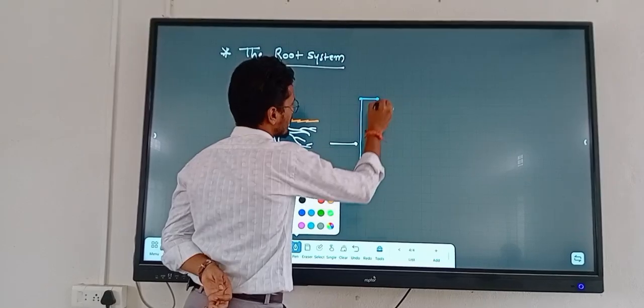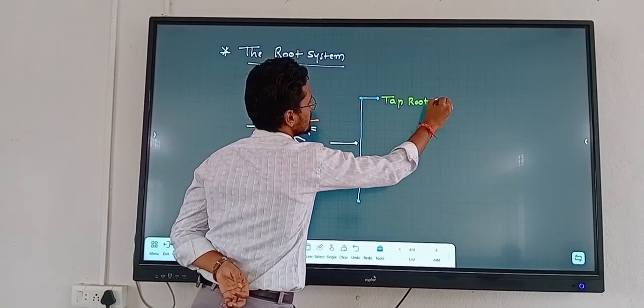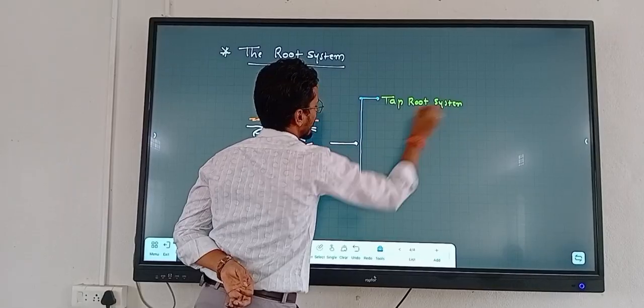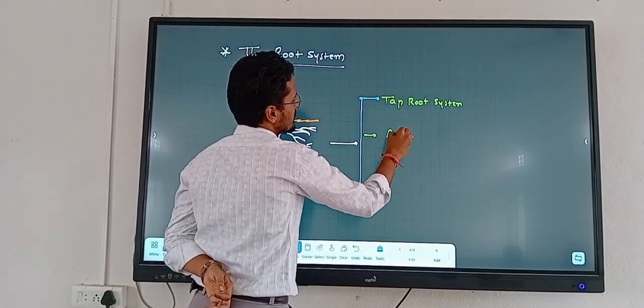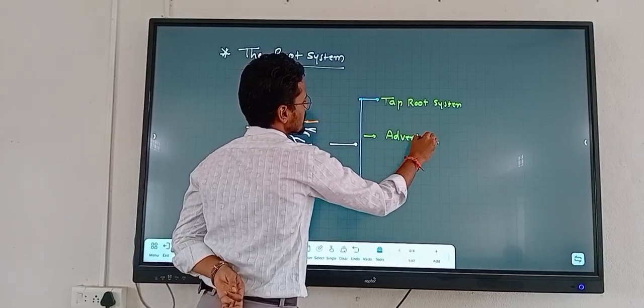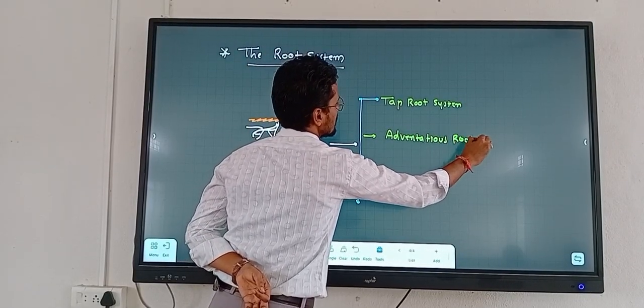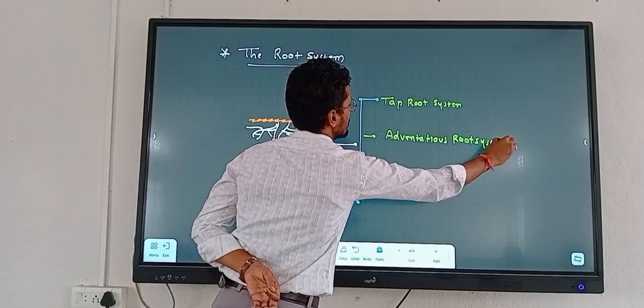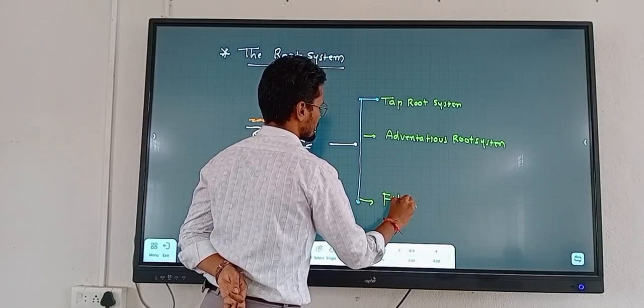Another one is the adventitious root system. Another one is the fibrous root system.